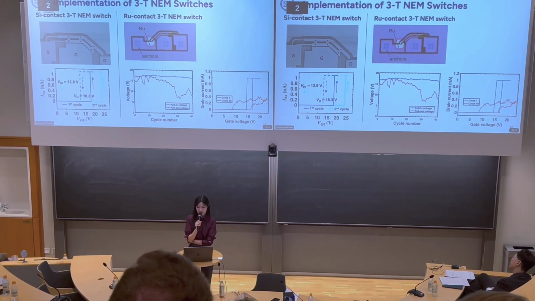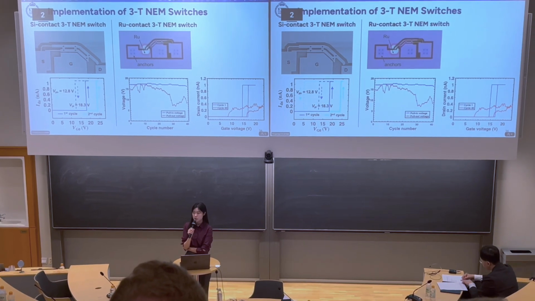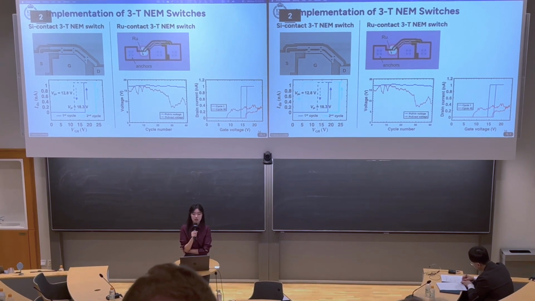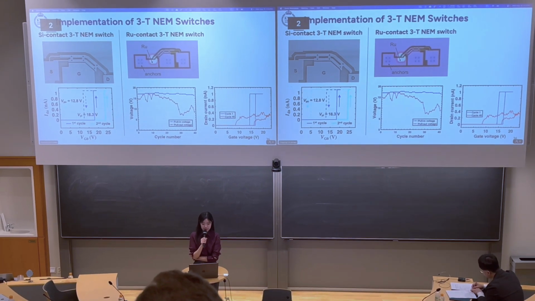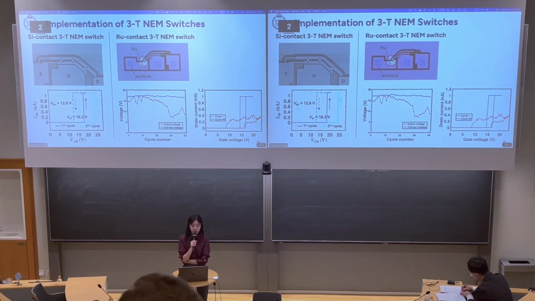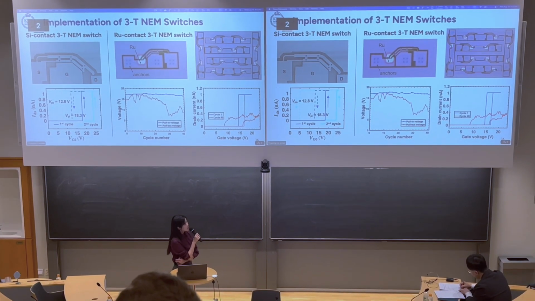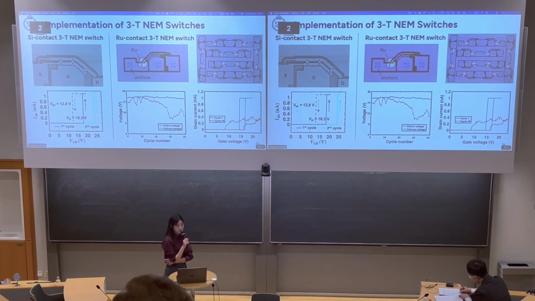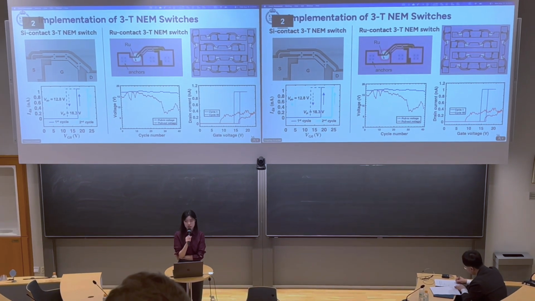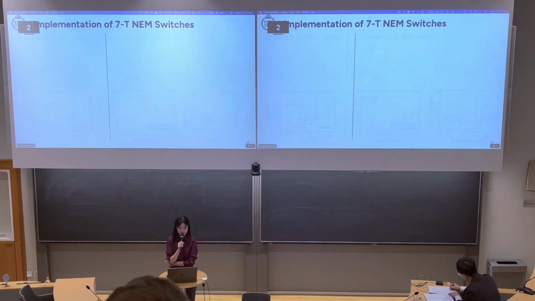But after 40 cycles, it's only 400 picoamp. So we see a largely increased contact resistance through repeated cycling. But until the end of the cycling, the switch is still mechanically movable. With this 3T NEM switch, we have built a large circuit with 12 switches in this integration platform.